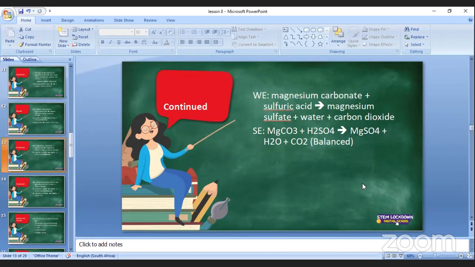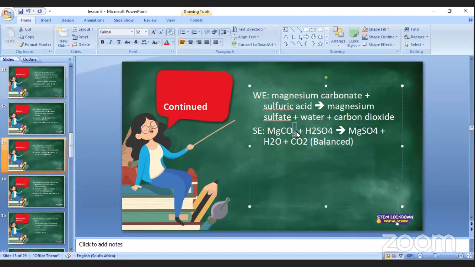Fortunately enough, our symbol equation, remember I told you that WE stands for word equation, SE stands for symbol equation. Then for us to balance the equation, we need to always convert it into a symbol equation so that it becomes easy for us to work with. Are we clear, grade 9s?